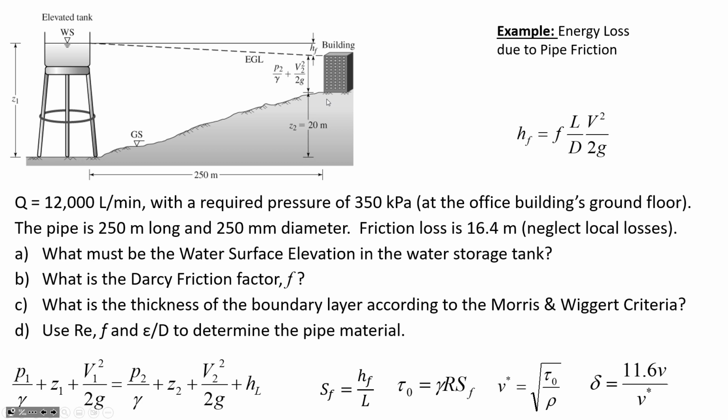Okay, so if I just look at the magnitude of each of these terms, this pressure head is 35.678 meters of pressure head. The elevation obviously is 20 meters.